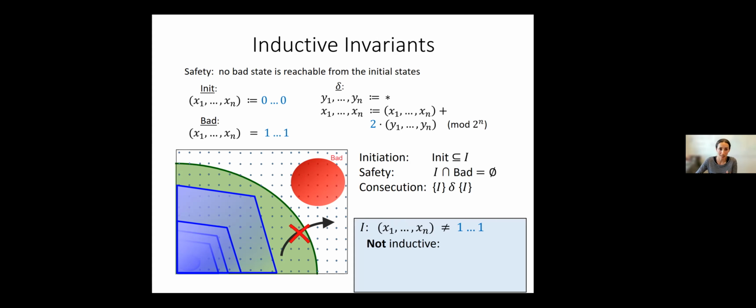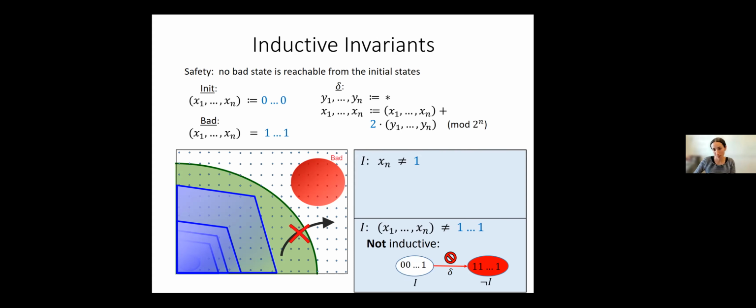It is an invariant. It is true in all the reachable states, but it's not inductive because we can start, for example, from a state where all the bits are 0 except for the last one, and then we can increment it by some even number and get to the state where all the bits are 1. Okay, so it's not inductive, but there is another inductive invariant that we can use here.